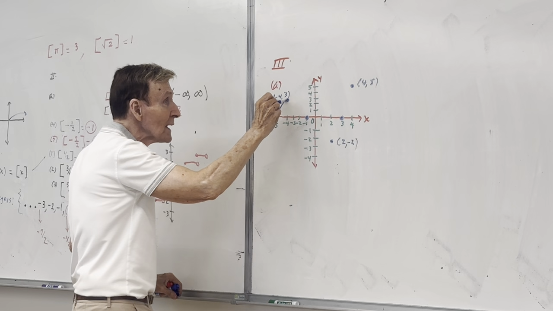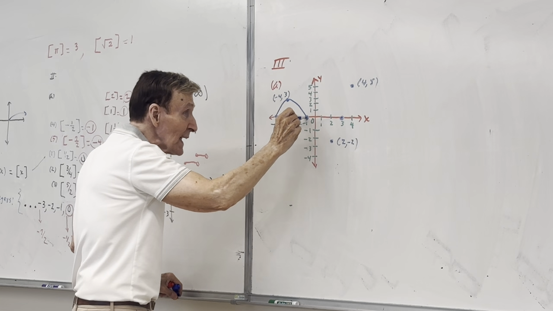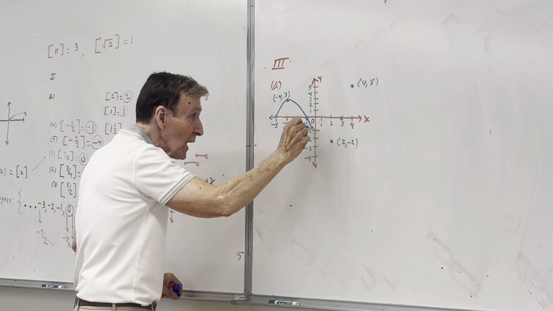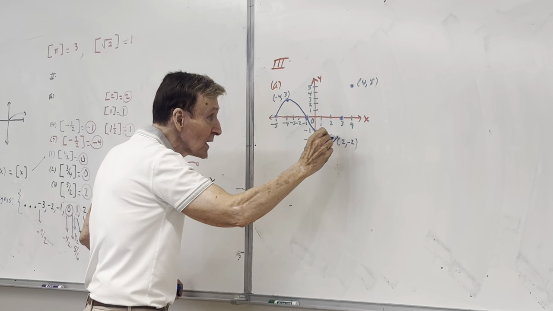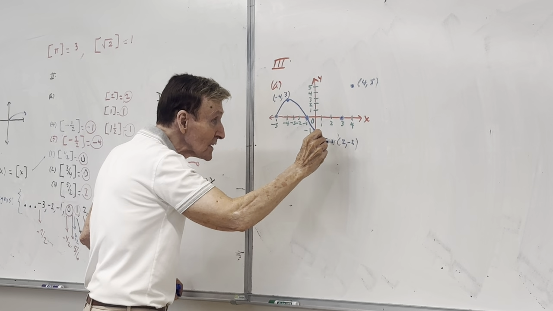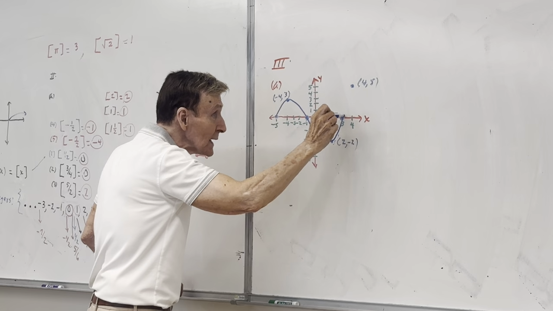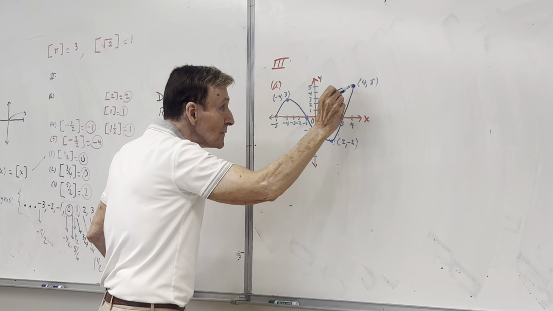Up this way, comes down, picks up this point, comes on down. I'm going to have to go through -1 on the y-axis, picks that point up, turns, gradually turns, picks up 3, and goes on up to that point there, 4 or 5.